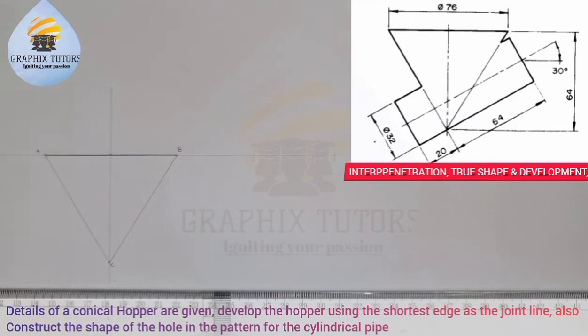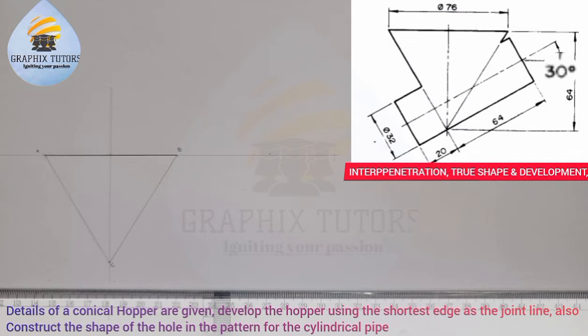You can see that? Now, the next thing is we're told that there's a line that is touching the apex of this upper here. That is where the cylinder is starting from at an angle of 30 degrees.